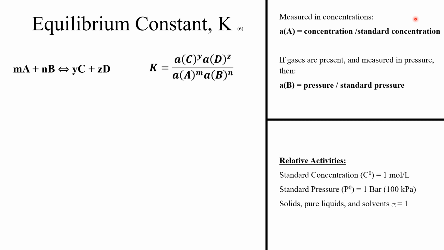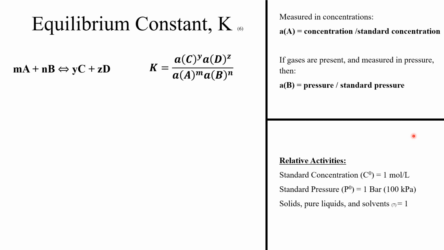And if gases are present and measured in pressure, then this relationship can be used. The standard concentration and standard pressure values are listed right here in the relative activities box.